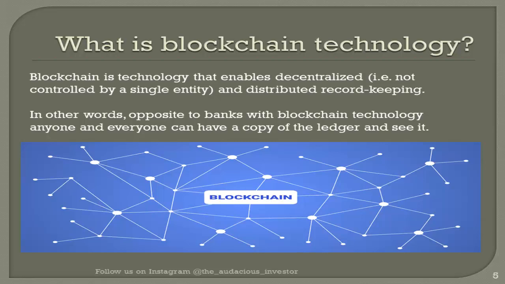Anyone can download a decentralized blockchain ledger, and they can download it from beginning, and they can see transactions being added in real time, and that is what makes it decentralized, and that is what blockchain technology allows or enables.